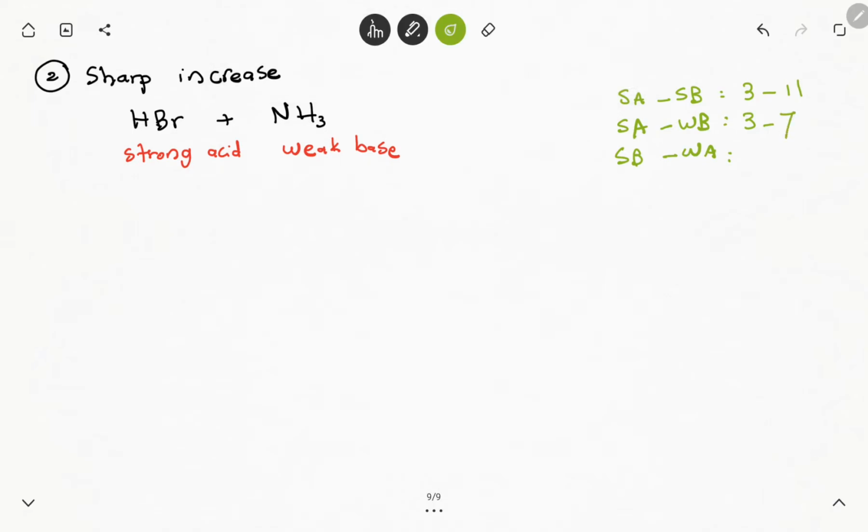And the reaction between strong base and weak acid is 7 to 11. For this reaction, this is the reaction between strong acid and weak base. So the sharp increase is 3 to 7. So the sharp increase is the straight line that we are going to draw on the equivalence volume.